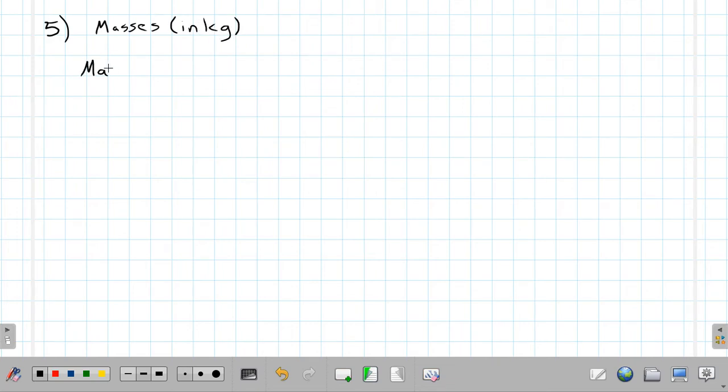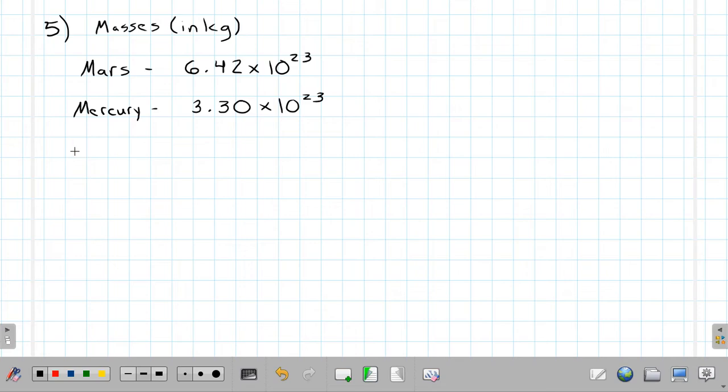So we have Mars, they say, has a mass of 6.42 times 10 to the 23rd. Mercury has a mass of 3.30 times 10 to the 23rd. And then we have what we went over in example 3, which was Jupiter having a mass of 1.90 times 10 to the 27.